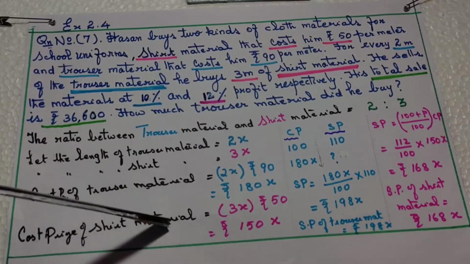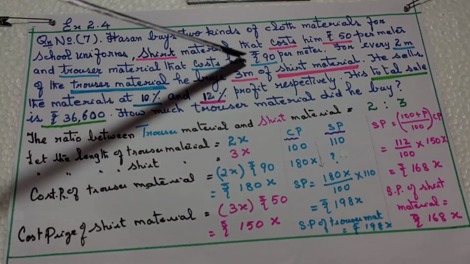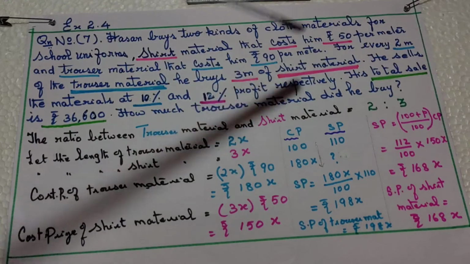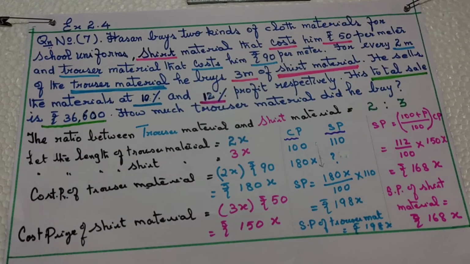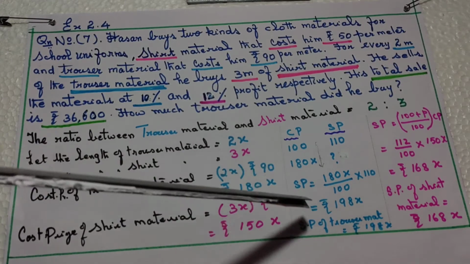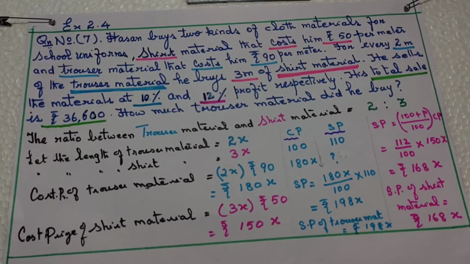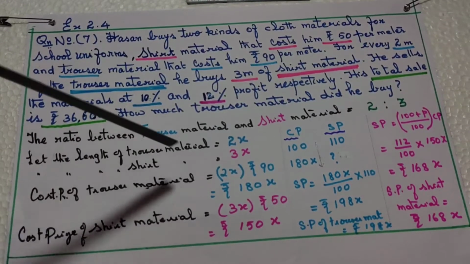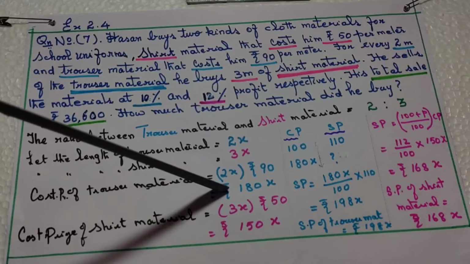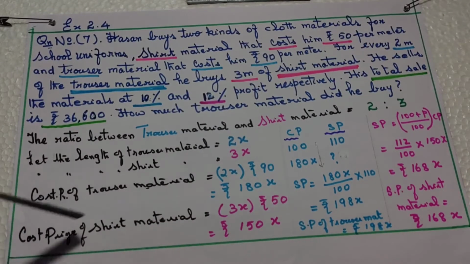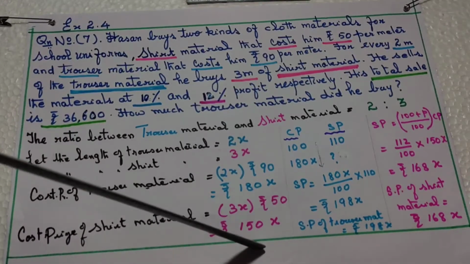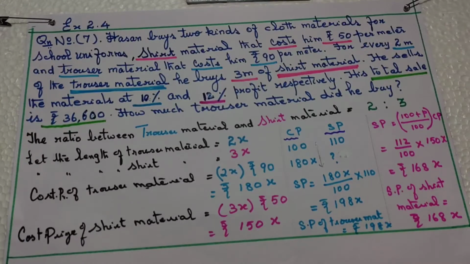And the cost price of the shirt material: he is buying 3x meters, and the cost of the shirt material is 50 rupees. So 3x into 50 will give you 150x. Now we got the cost price of trouser material as 180x and cost price of shirt material as 150x.